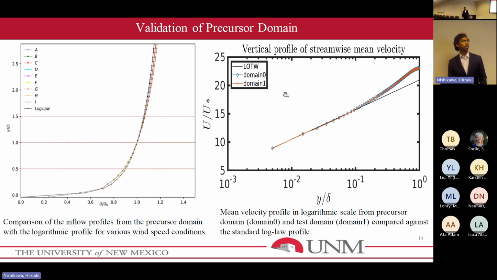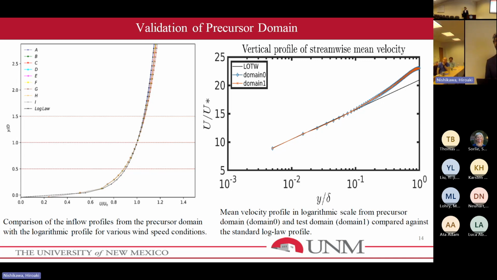On the right-hand side, you can see the log profile with the log scale. Domain 0 is the precursor domain, and domain 1 is the test domain. They should match exactly, and they do. So this is a good sign of the solver's accuracy.